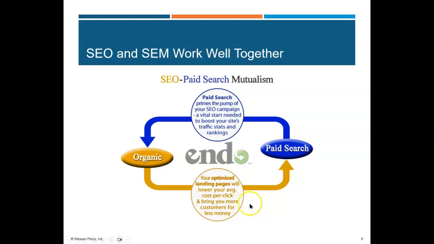Then your organic search or your SEO, your optimized landing pages, will lower your average cost per click and bring you more customers for less money. So this is the way these two work together. This boosts your traffic stats and rankings. This will bring you more customers for less money.